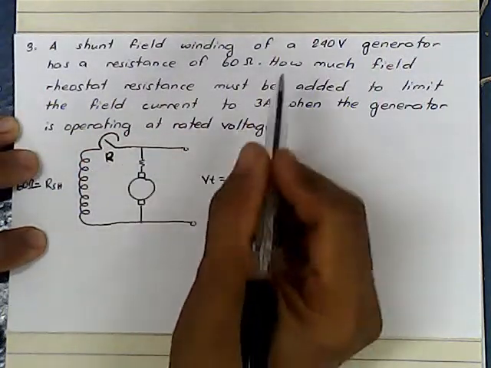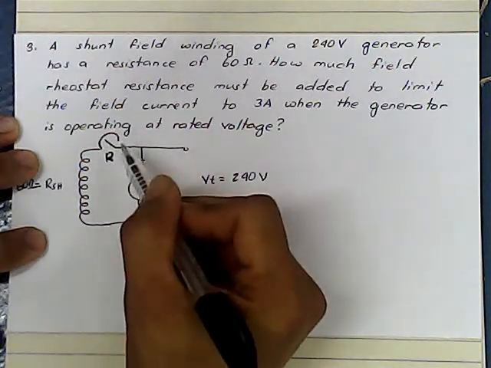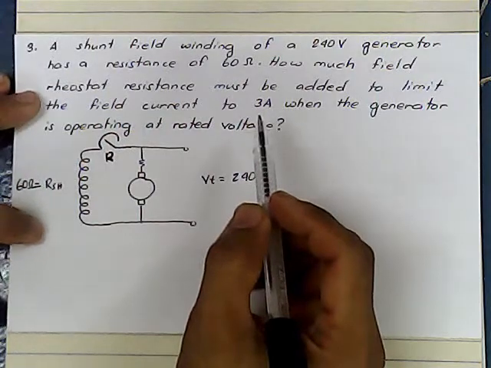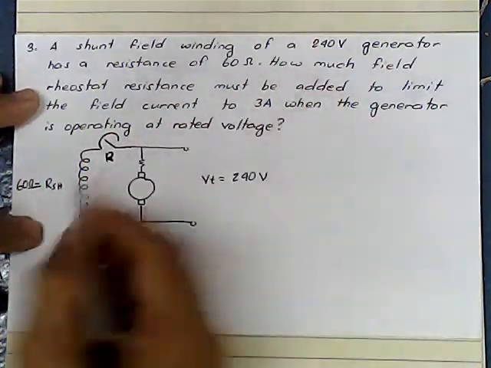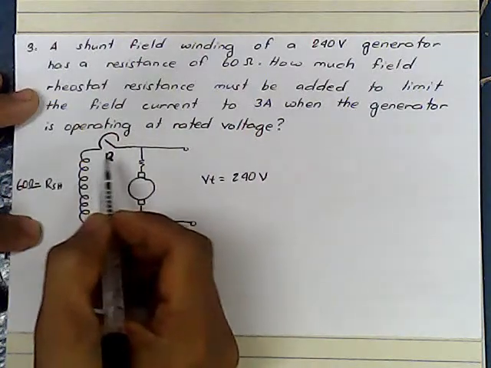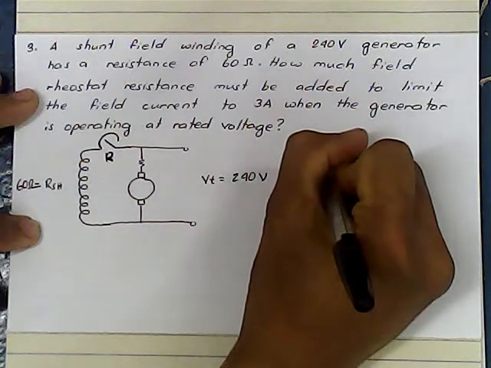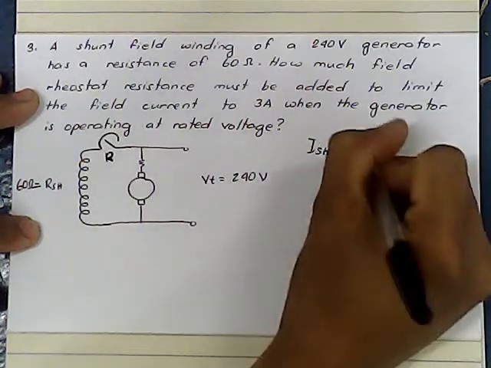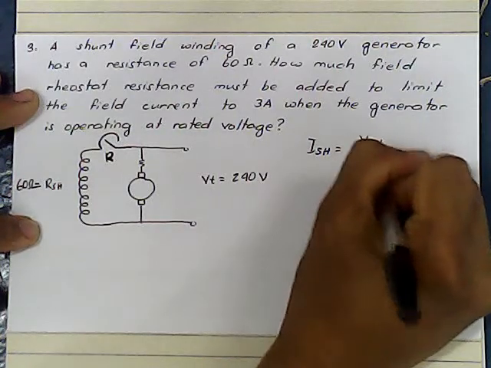Okay, ang tinutukoy niya, ilang resistance daw yung idadagdag natin dito nang sa ganun malimit natin yung field current into 3 amperes. Kasi kung i-compute natin sa ngayon, like for example, yung resistance dito naka-zero, ang mangyari dyan, ISH is equal to VSH all over RSH.